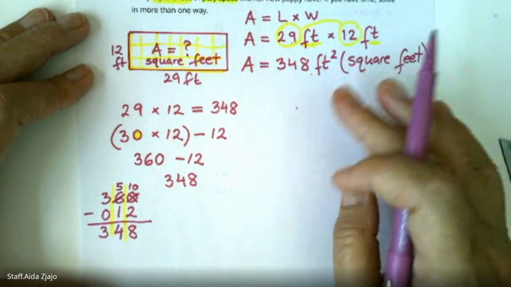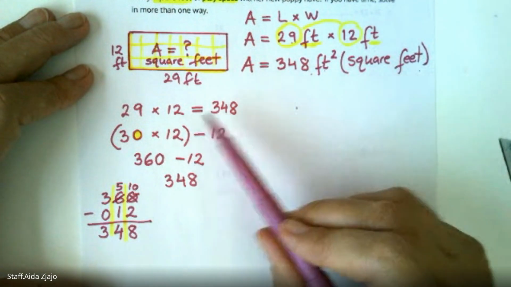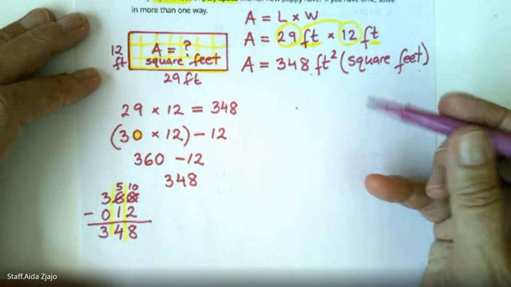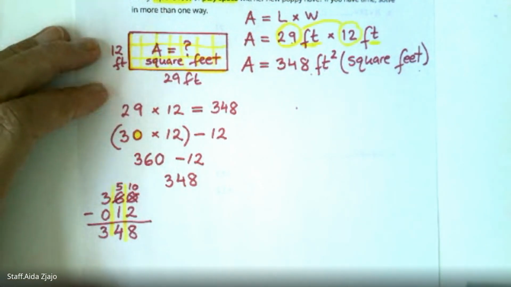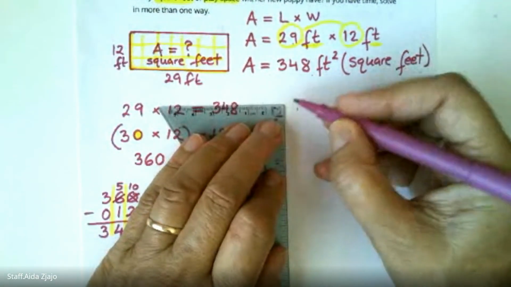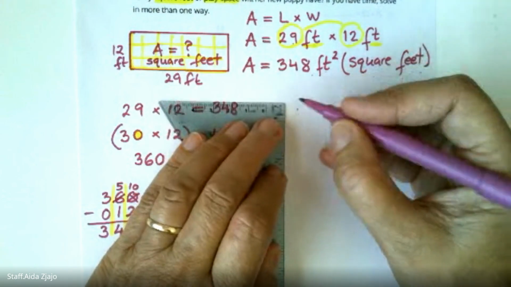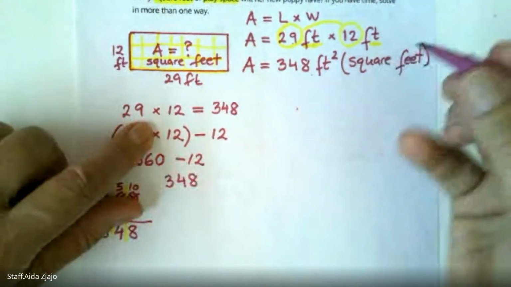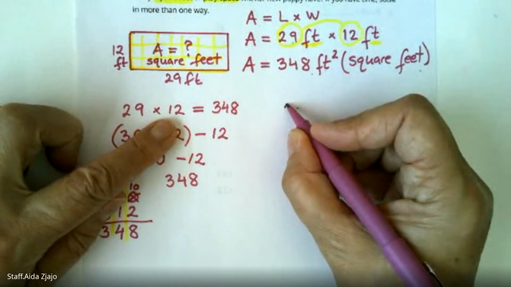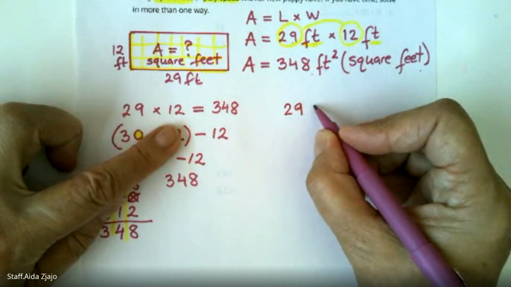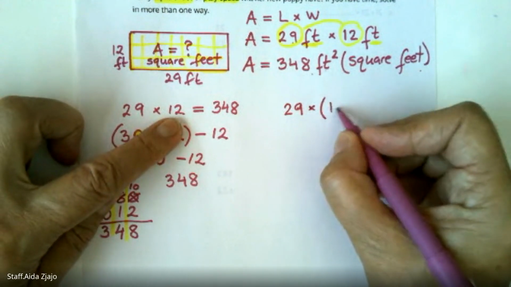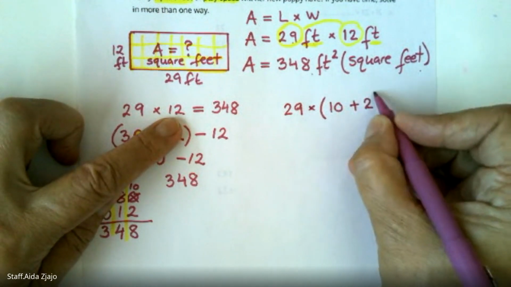If we would like to check our answer, to see if it is correct, we could do the area model also. Let's see, if I decompose just one side, I could decompose, let's use language. Let's see if I want to do 29 times, but I'm going to decompose 12 into 10 plus 2.